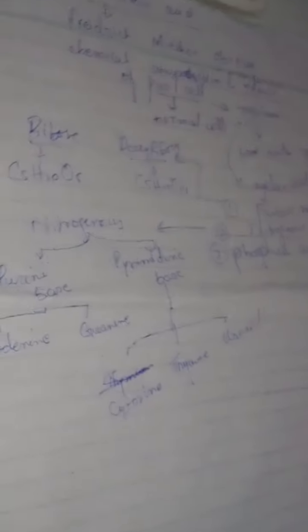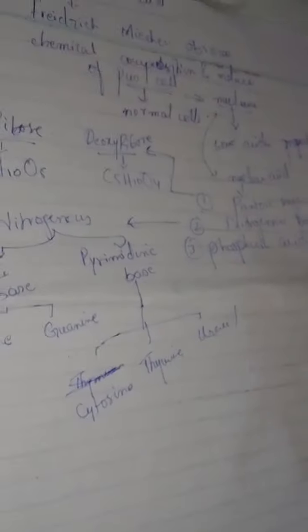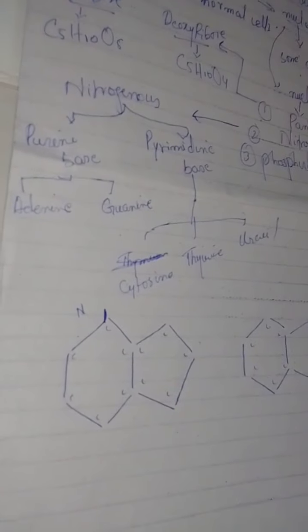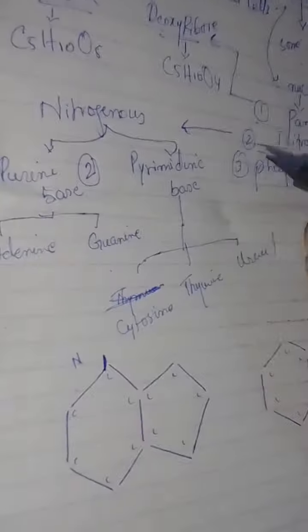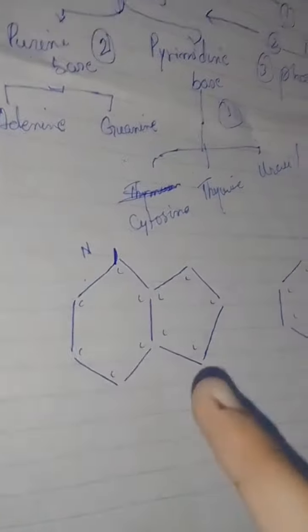Now how can we identify which one would be guanine, adenine, cytosine, thymine or uracil? So let's talk about their structures. A purine base consists of two rings, either adenine or guanine. They both have a two-ring structure, and pyrimidine bases have a one-ring structure. Here one ring will be hexagonal and the second ring will be pentagonal.